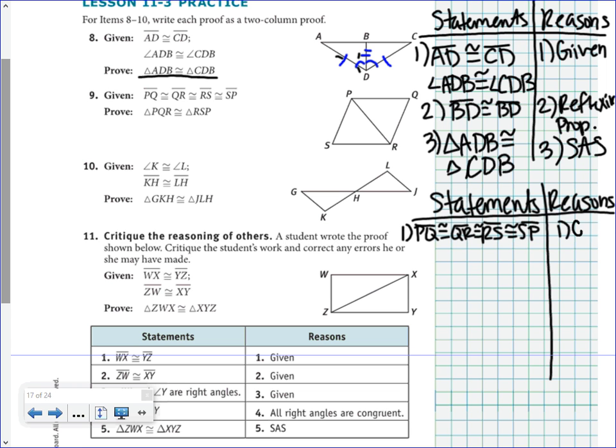And that is our given. So I want to mark that on my figure.